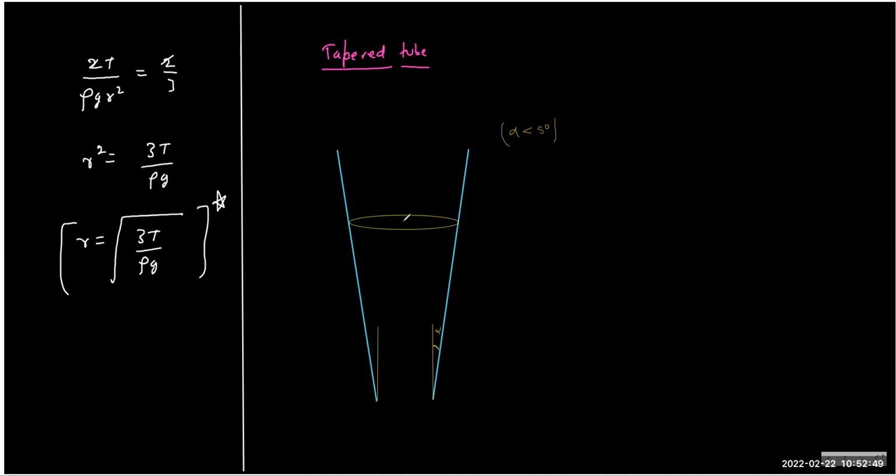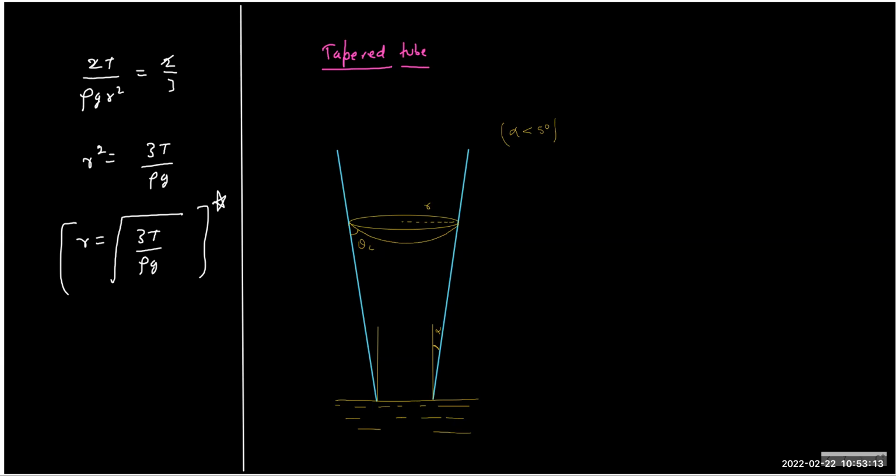So if this radius is given to you as r, and this is the liquid we are touching here, and we know the meniscus will be like this, and this angle will be the angle of contact.